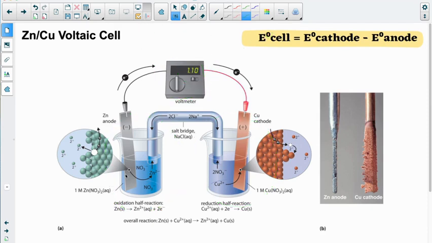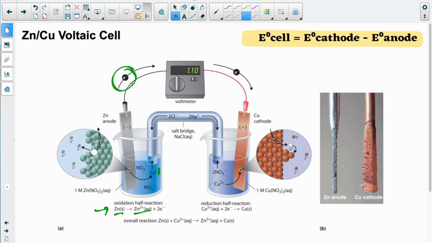Now, when we take a closer look here, you can see that the zinc is undergoing oxidation and it's producing the 2 electrons. As I mentioned on the last slide, you will notice that over time that zinc will actually start to lose mass. Those zinc 2 plus ions, this should be a plus, are being dumped into the solution here.